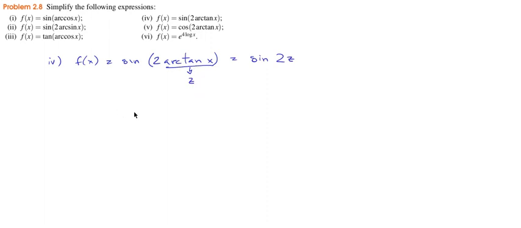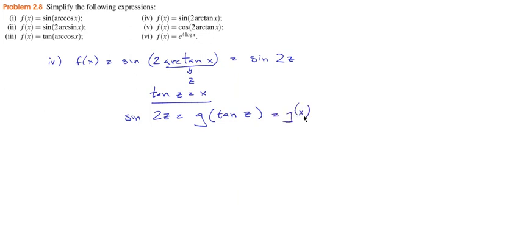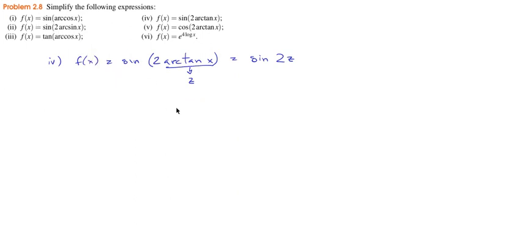At some point I want the sine of 2z to be a function g of the tangent of z, such that I can substitute x, because the tangent of z is x, just in case this is not clear. So this is function g of x. But this is not as easy as before with the sine and the tangent. So let's see how.